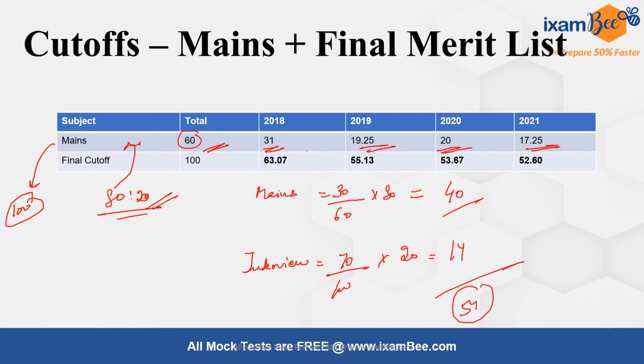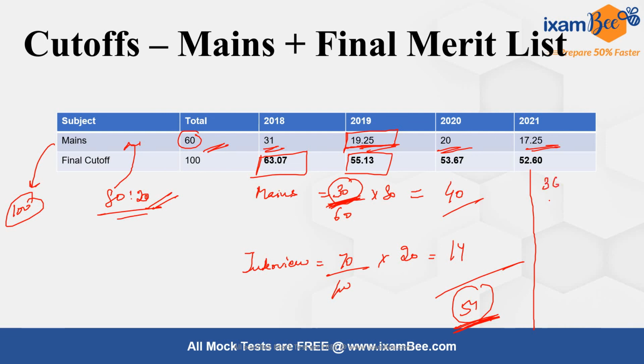So here the cutoff was 63.07. Would you have cleared the cutoff if you had scored 30 marks? Even here, the cutoff was 55.13. Though the cutoff was only 19.25 in 2019 and you say you scored 30 marks in mains, you still would not have cleared the cutoff. Now let's take another number.